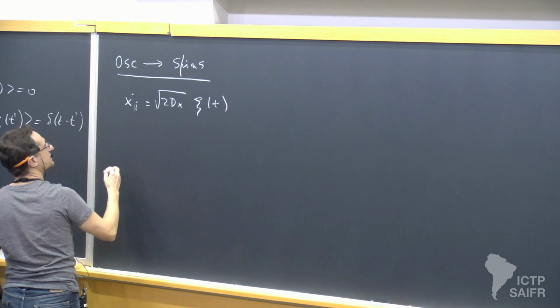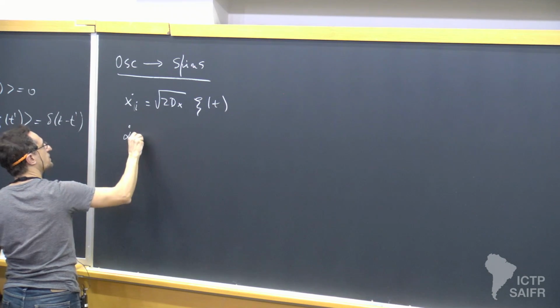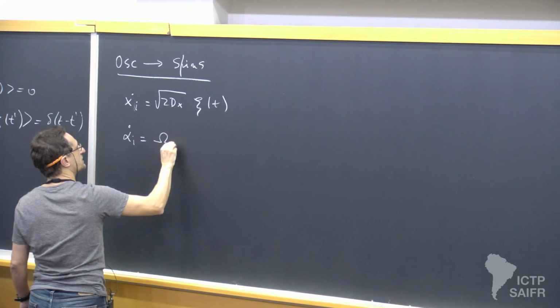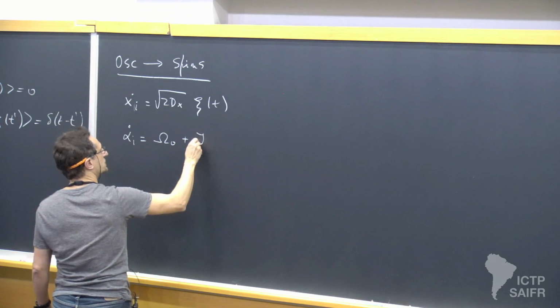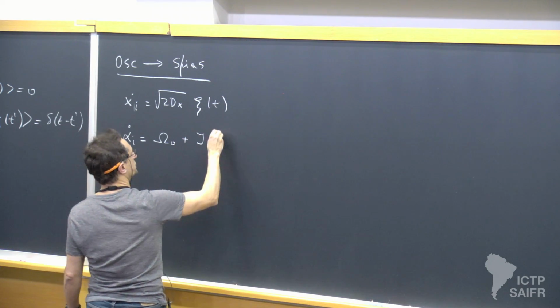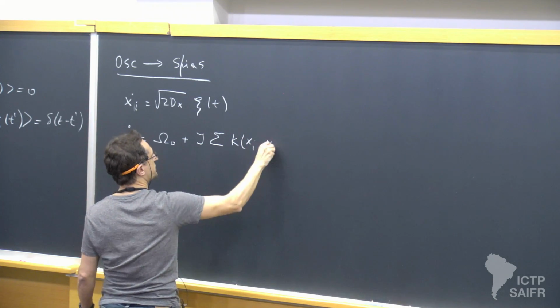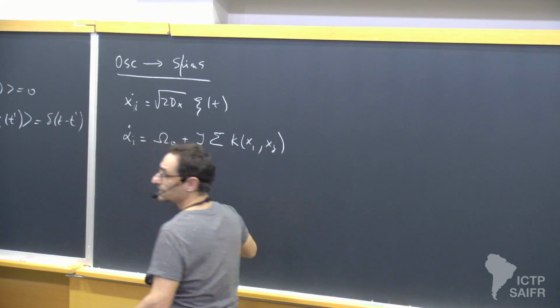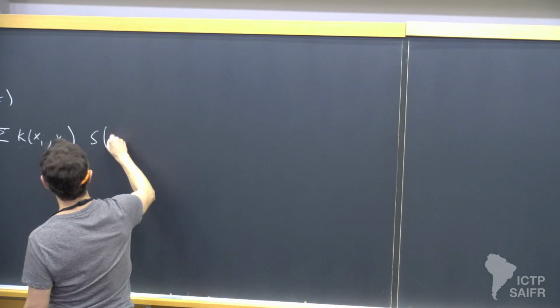This is a delta-correlated noise, and I'm going to write it this way. Identical oscillators, and then I'm going to couple them in space through a kernel.